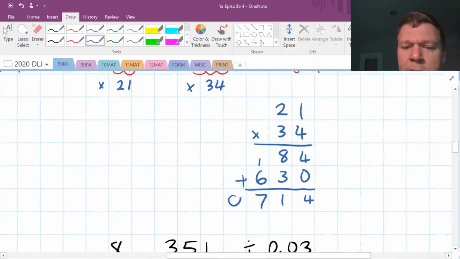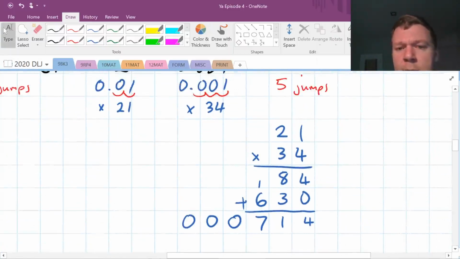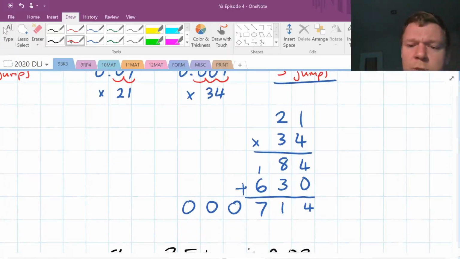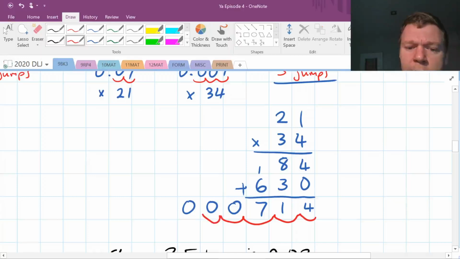Alright, but we need to make this into a decimal. So we want to apply these 5 jumps. 1, 2, 3, 4, 5. That's where our decimal point's going to end up.